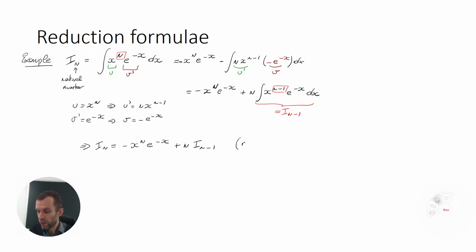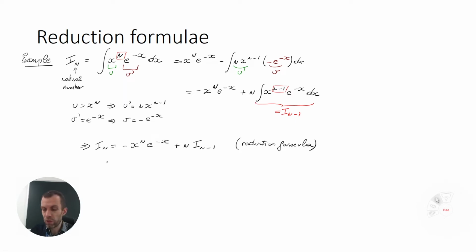So this is an example of a reduction formula, because it gives us not the integral itself, but the integral expressed as a simpler integral. And then if you want to know what I sub n minus 1 is, we can write it in terms of I sub n minus 2, and so on.